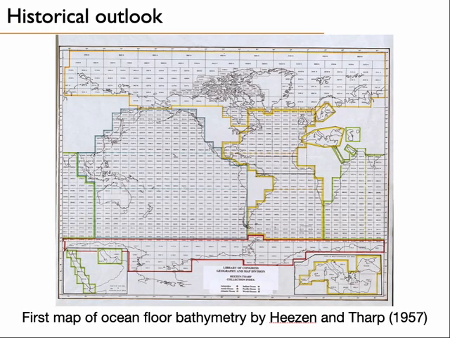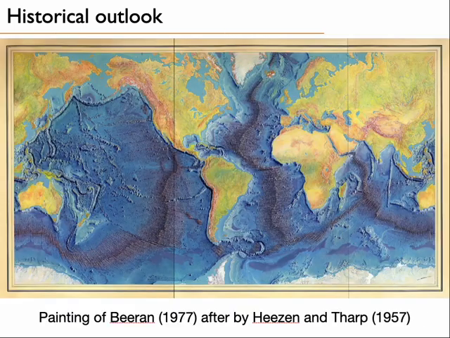Actually, here's a historical outlook, and that's how the first map of ocean floor bathymetry was constructed back in the 50s by Heezen and Tharp. So you see a subdivision here of a global map, and there are little squares with different numbers that will be basically regions that were mapped independently and then were put all together to map the topography of the Earth.